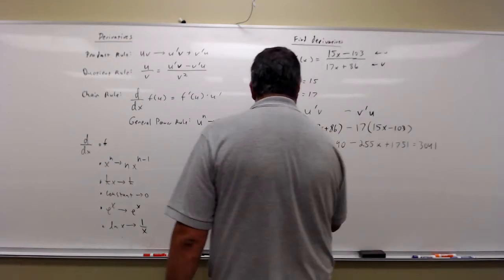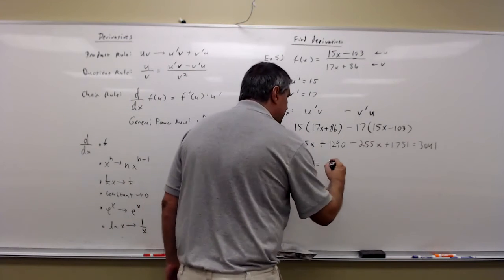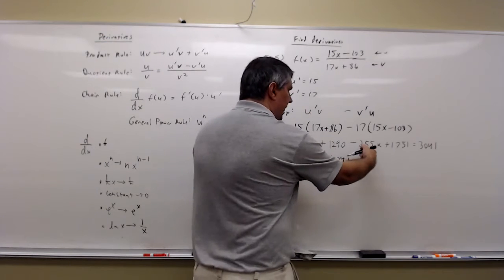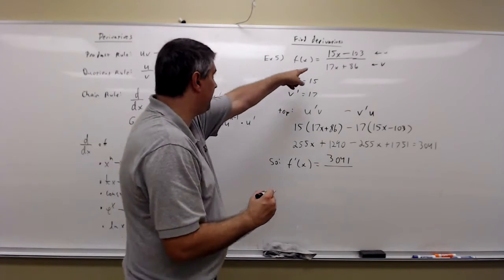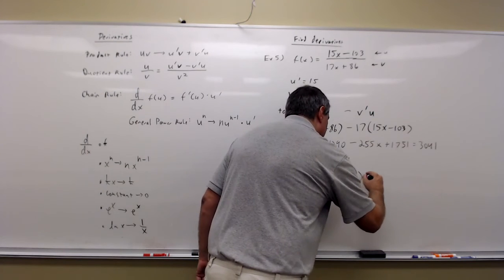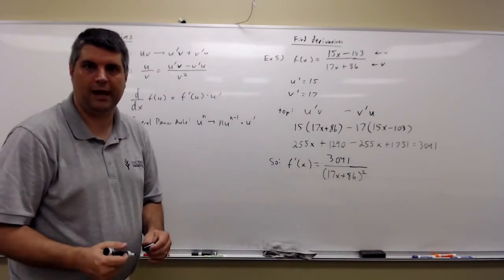Okay, so f prime of x is 3041, because notice these two cancel, over the denominator squared. That's it. Okay?